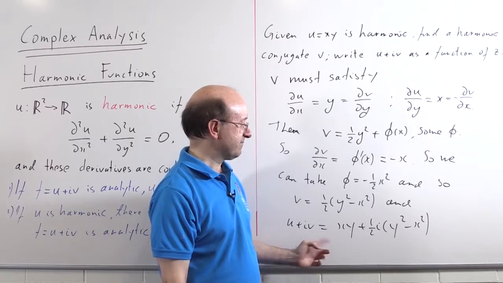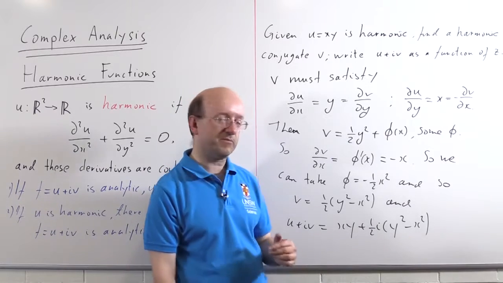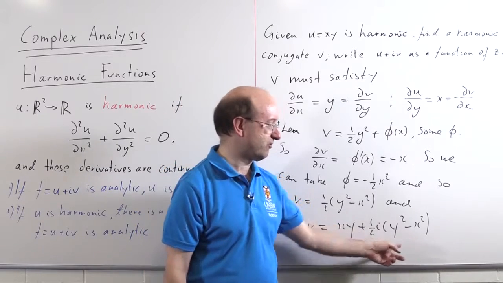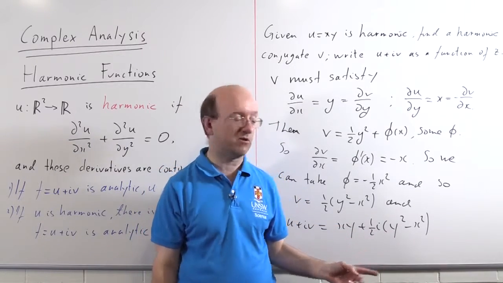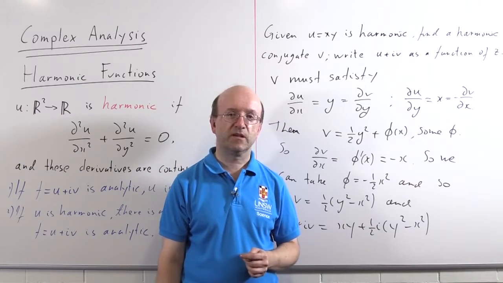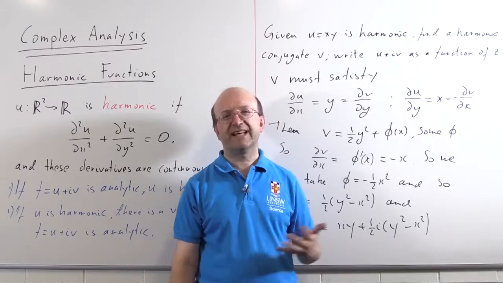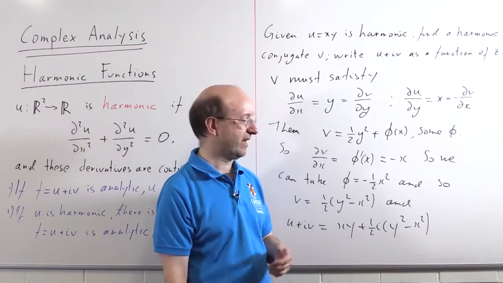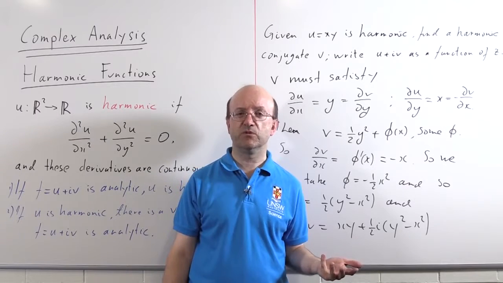So what does this mean in practical terms for this example? Well, what it means is that if we were to look at this function along the real axis, which would be setting y to be 0, what will we get? Well, we'd get minus 1/2 x squared. So you ask yourself, what analytic function looks like minus 1/2 x squared along the real axis? Well, minus 1/2 z squared would.